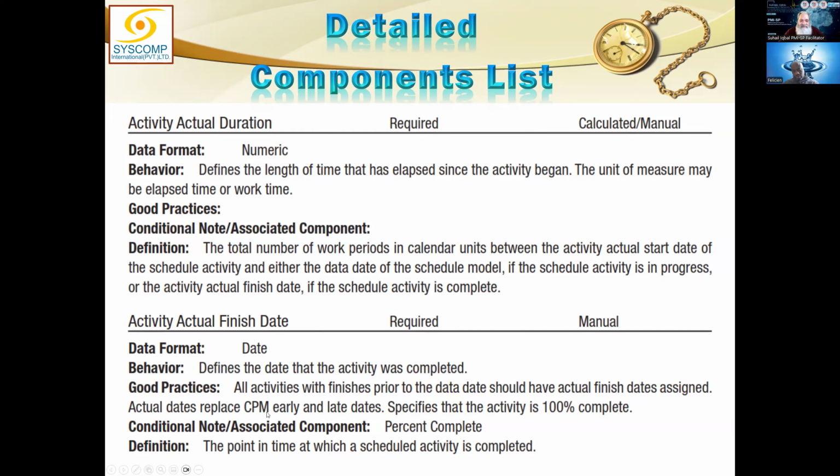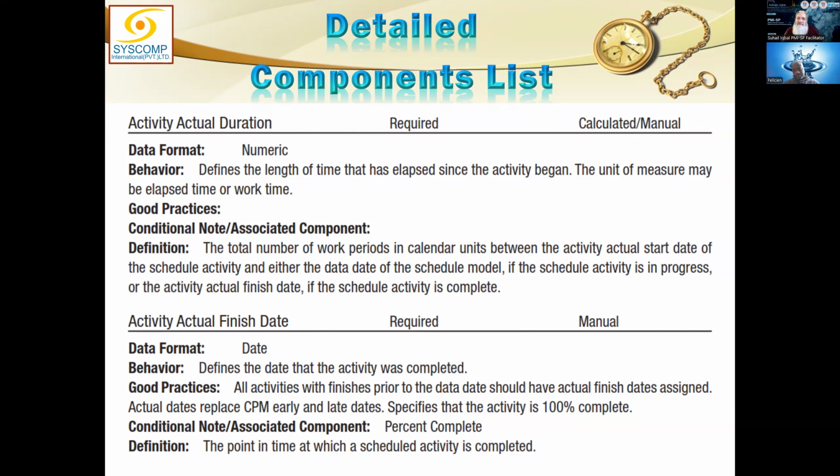Actual dates replace the CPM early and late dates, meaning anything which is done is done. We don't need to know anymore how early it could have been done or how late it could have been done. It has been done, and therefore we just need the finish date. You understand my point? Yes, sir.